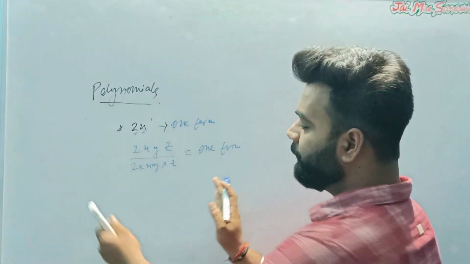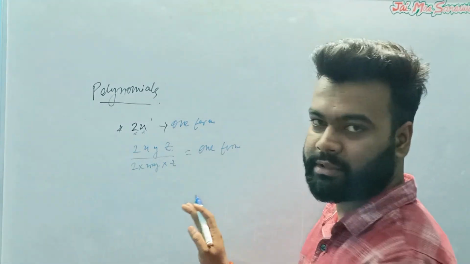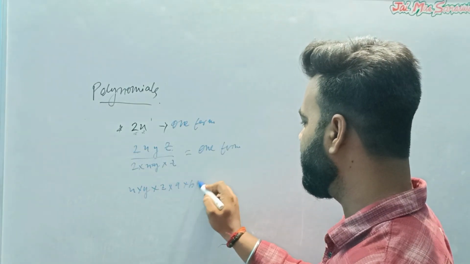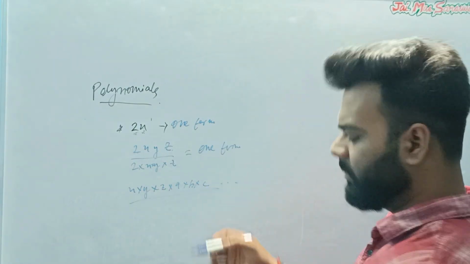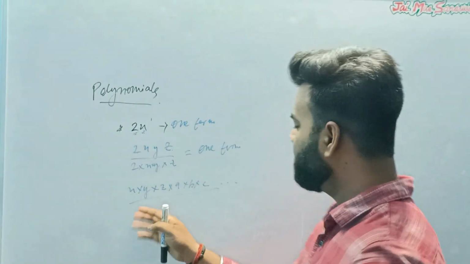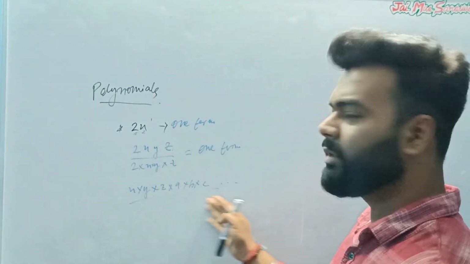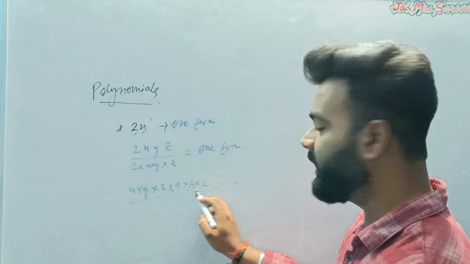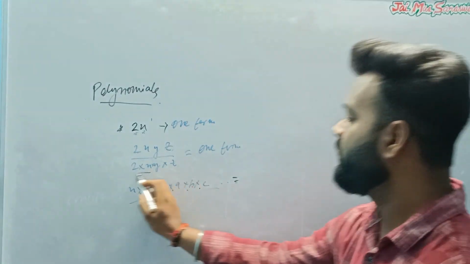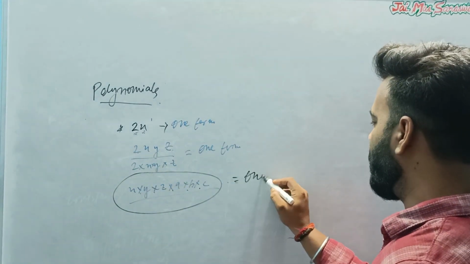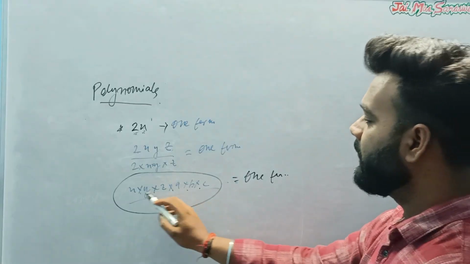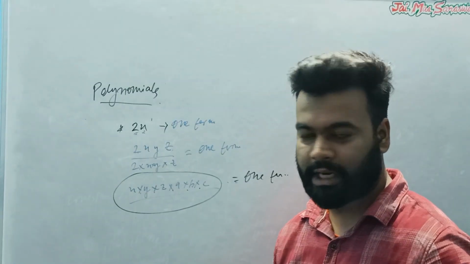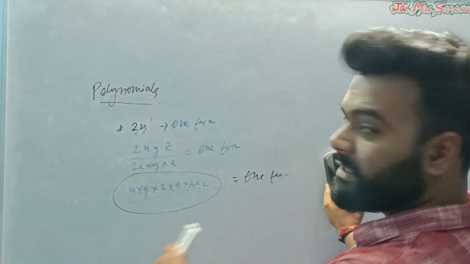The count can be 50 or 100, for example x into y into z into a into b into c and so on. It can be 10 or 20, but if the sign between them is multiplication, the entire expression will be considered as one term.